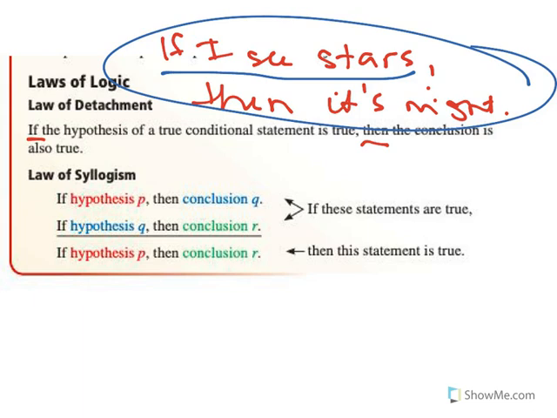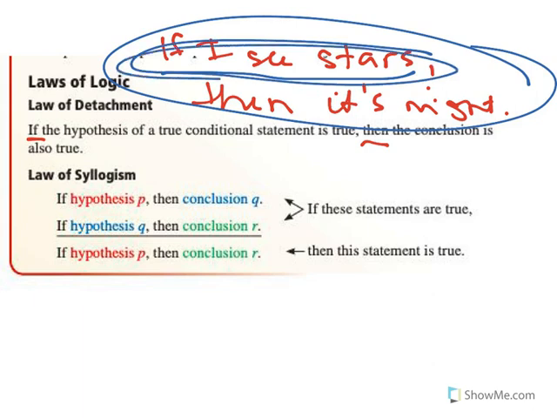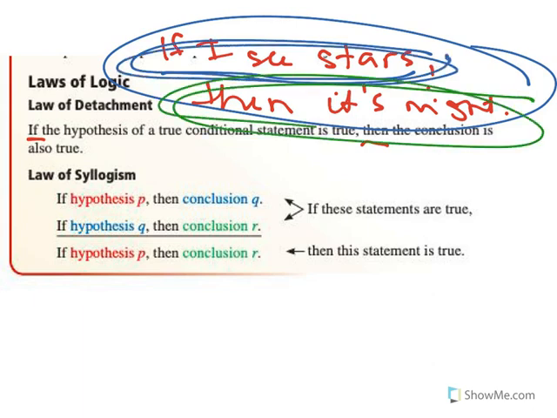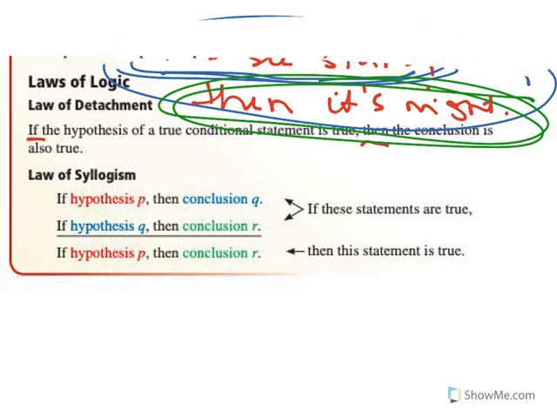So being able to see the Big Dipper means that this part is true. You saw stars, so that part has to be true. So your conclusion would be that it must be nighttime. We're going to do some examples, I promise. I'm going to erase this, and I'm going to move on to the law of syllogism.